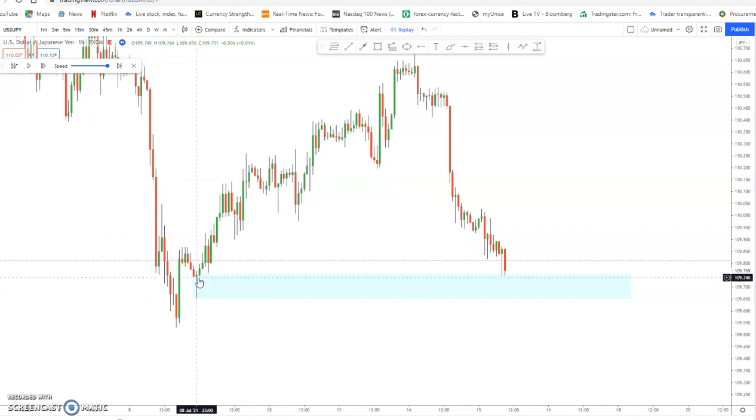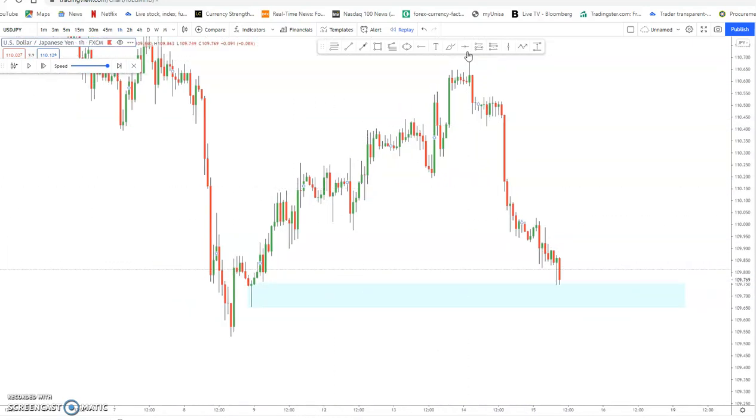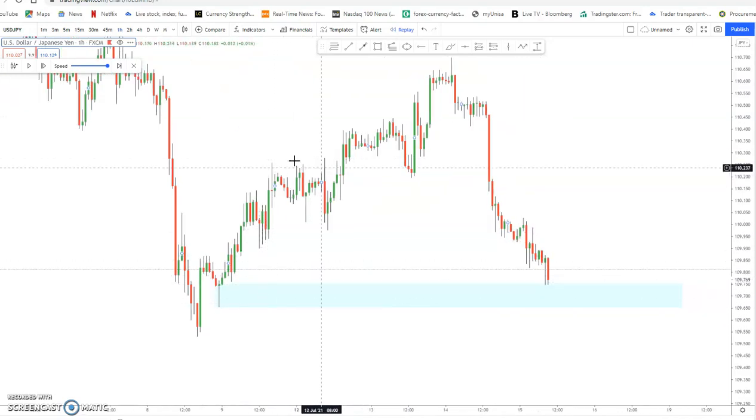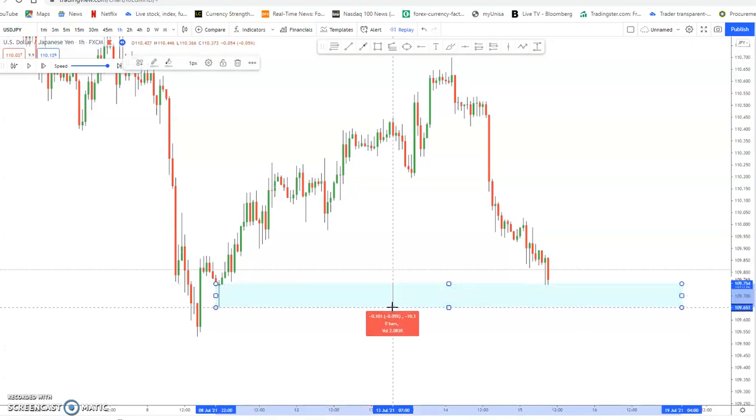Okay, so this new OB over here also broke structure. So you could also have placed a buy from this OB. And basically, if the OB is big, this one's range is about 10 pips.